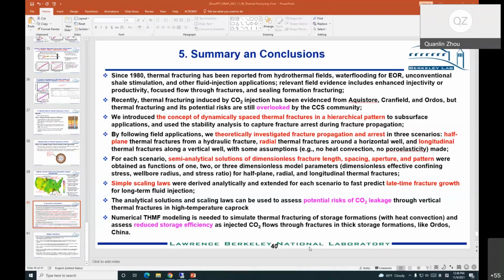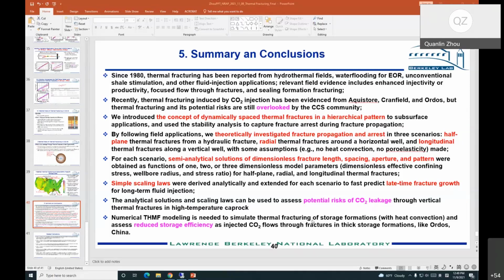If we have bottom hole pressure and temperature gauges, then we can see if it's possible to get fracturing, because now the parameter T is the key. That is the ratio between the effective confining stress and the surface thermal stress. So for permitting, that is what we can do.